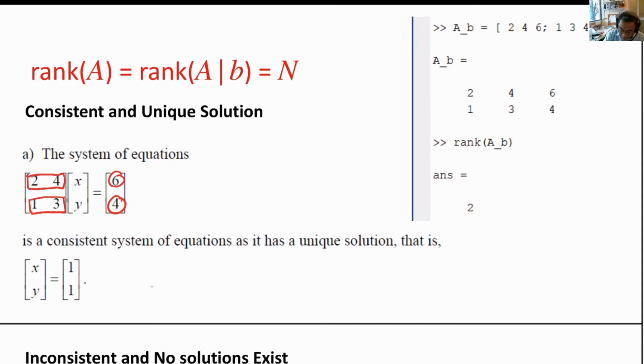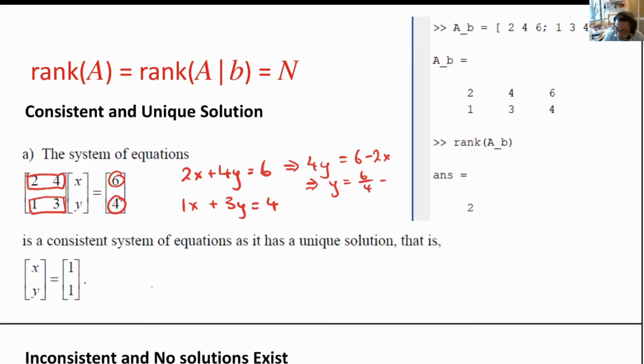We can therefore write the first equation as 2x plus 4y equals to 6, and the second equation as 1x plus 3y equals to 4, implying that 4y equals to 6 minus 2x, implying y equals to 6 over 4 minus x over 2.